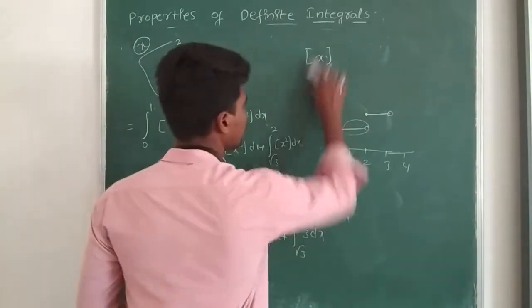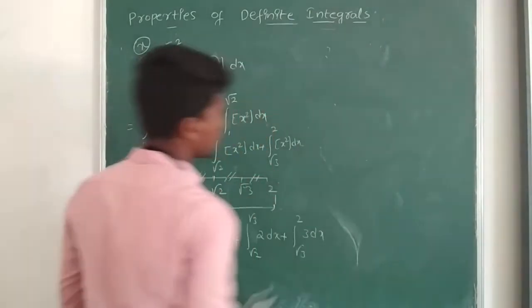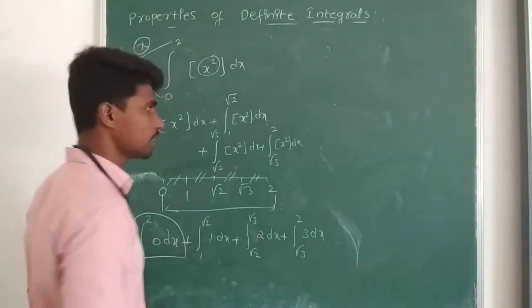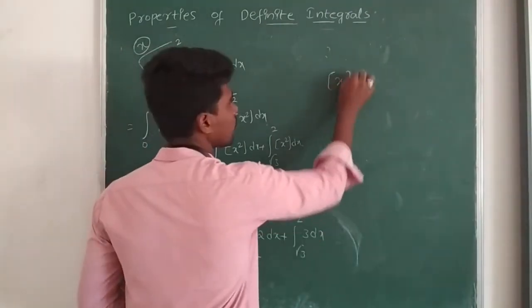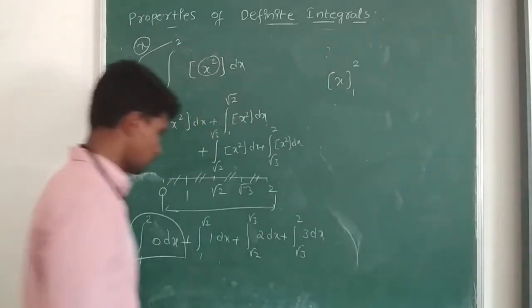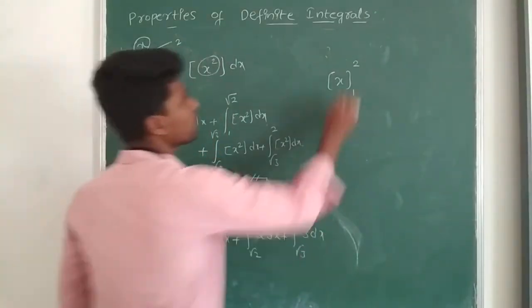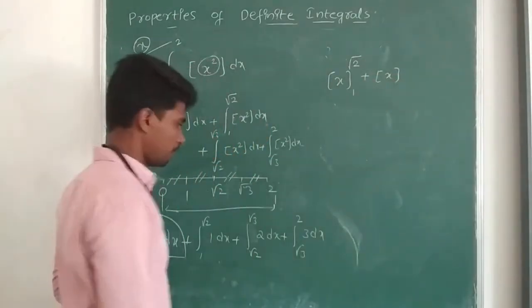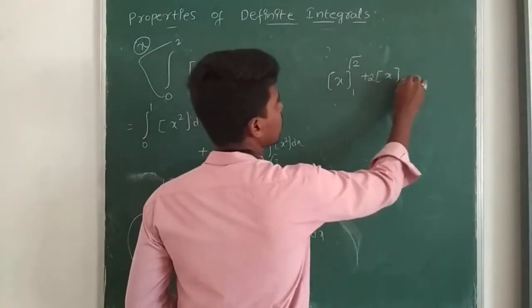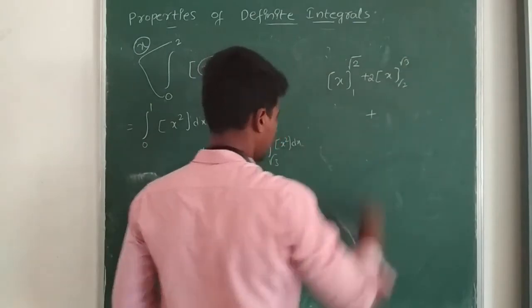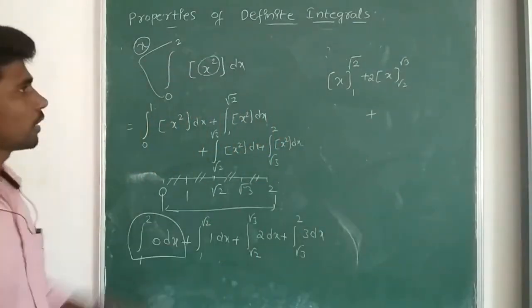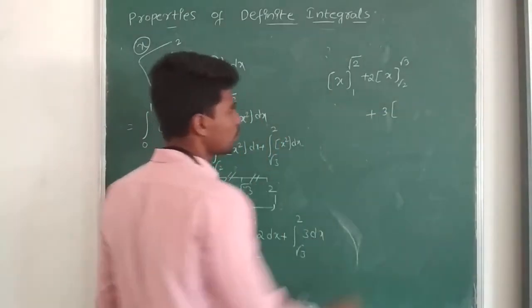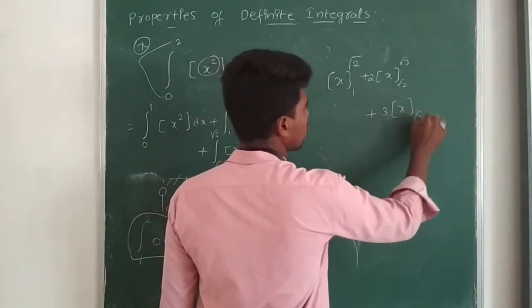Evaluate. So the 0 dx vanishes, and 1 dx is x from 1 to root 2, plus 2x from root 2 to root 3, plus 3x from root 3 to 2.